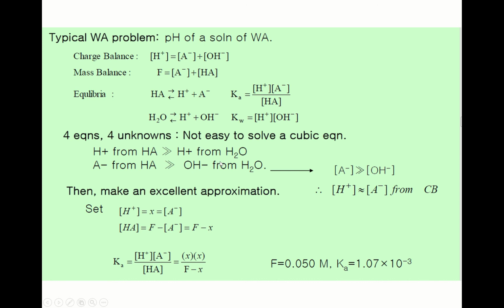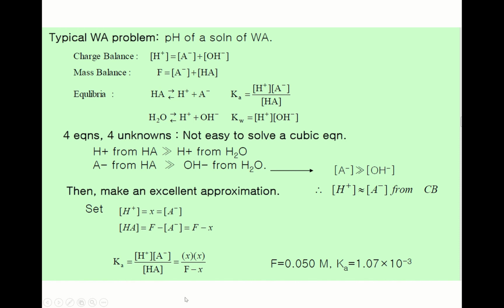Then we can ignore the hydroxide ion, and the proton concentration is approximated by the anion concentration, the same as from charge balance. The A minus concentration is much larger than the hydroxide, or the proton concentration is much larger than the hydroxide ion concentration. Then these equations become quite simple.